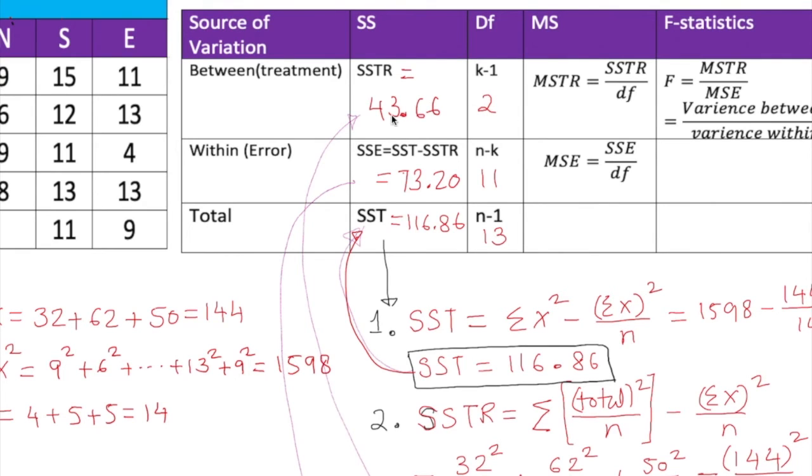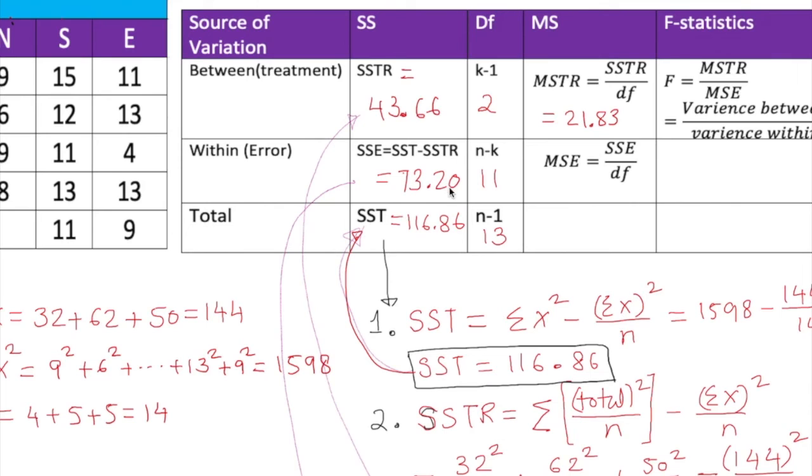Now I'm going to divide. 43.66 divided by 2, I can use my calculator, or you can use a calculator, gives me 21.83.